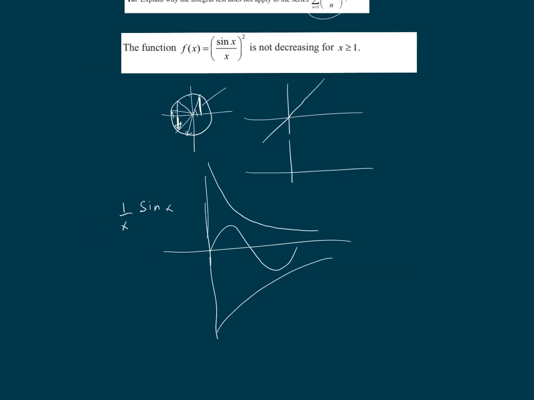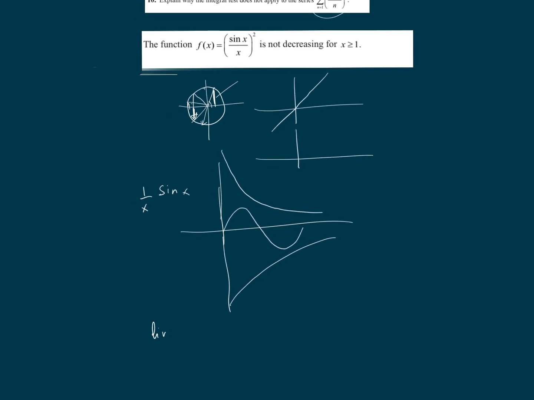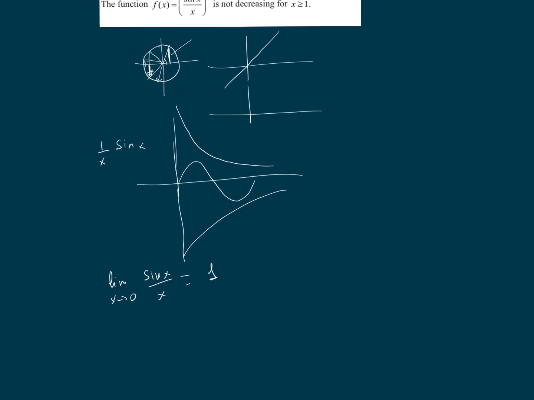So I know that the limit when x goes to 0 of sine of x divided by x, by L'Hopital's rule, is 1. So the function sine of x divided by x will do something like this.